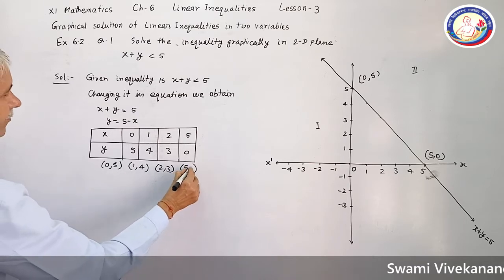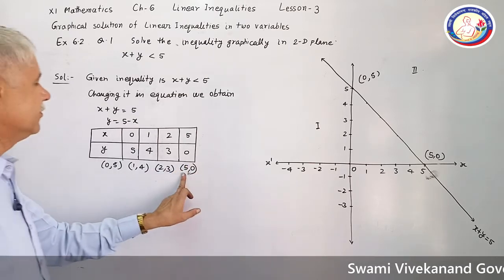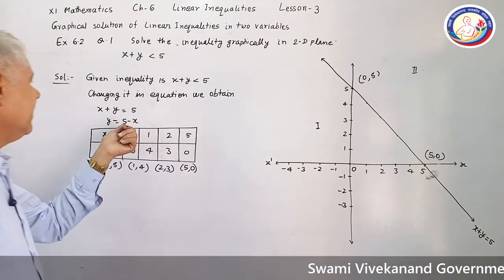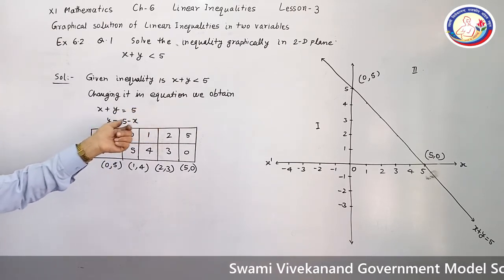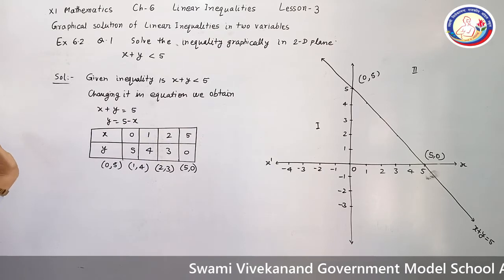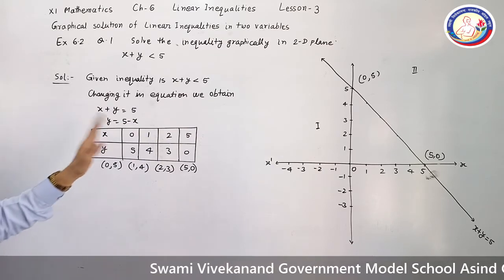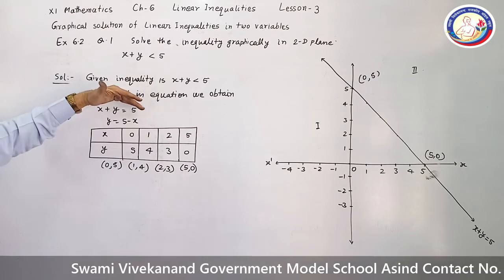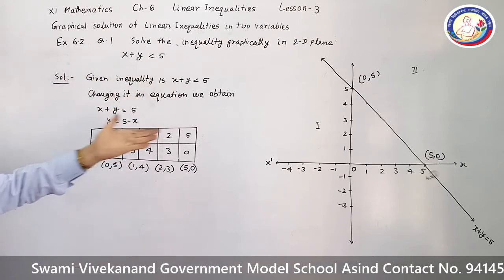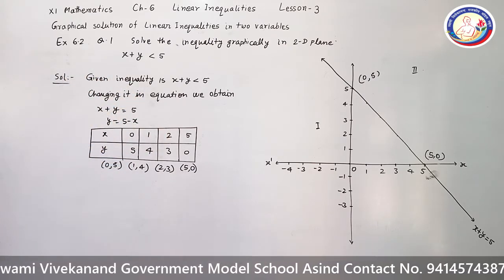Or any method you think easier, you can use that. The most simple way is change the equation into y equal to or x equal to. For this you can use law of transposition and cross multiplication. Change the equation into x equal to or y equal to, whichever may be easier.